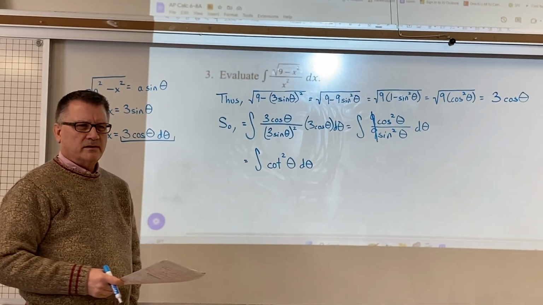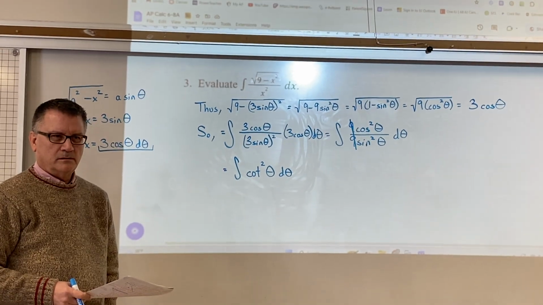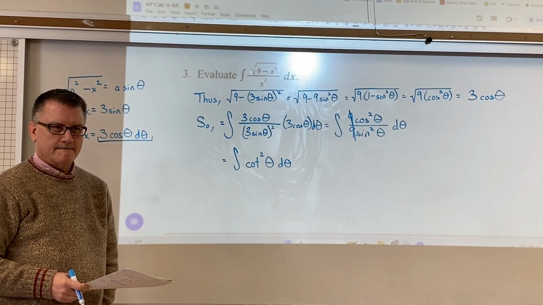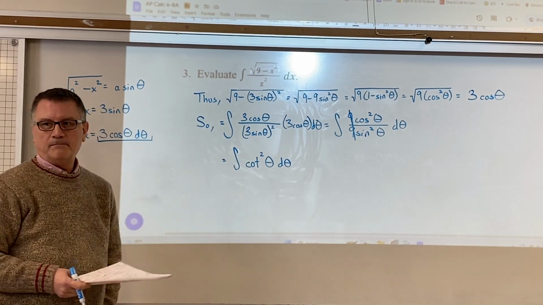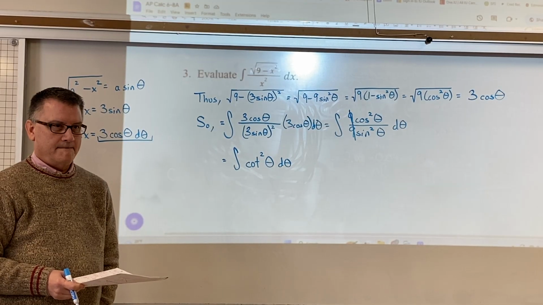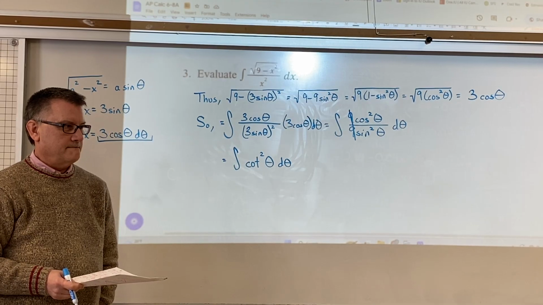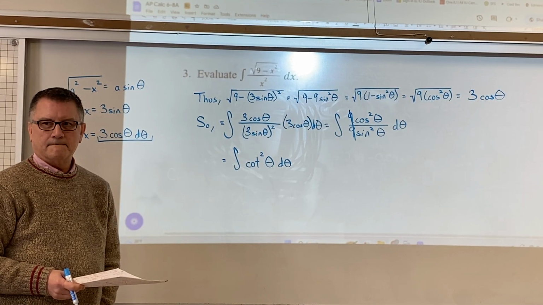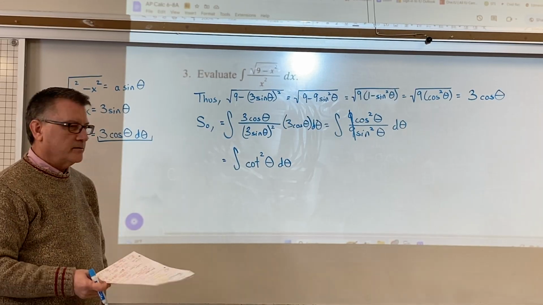Do I have the integral of a cotangent squared? Is that on my yellow sheet? Or a derivative that got me cotangent squared? You may say that's not gonna work. Don't give up yet.